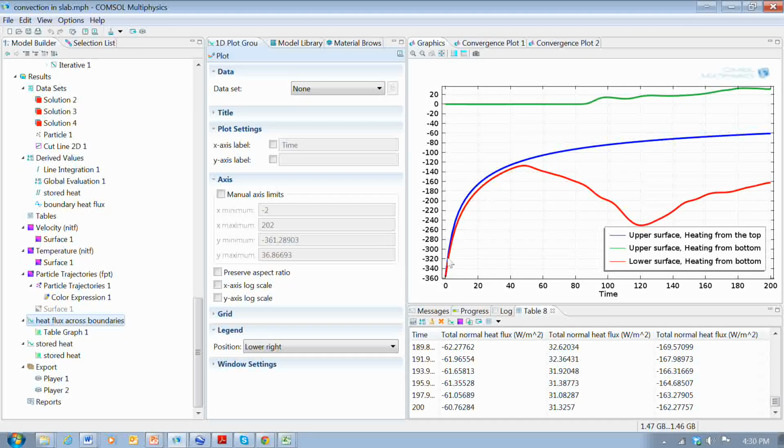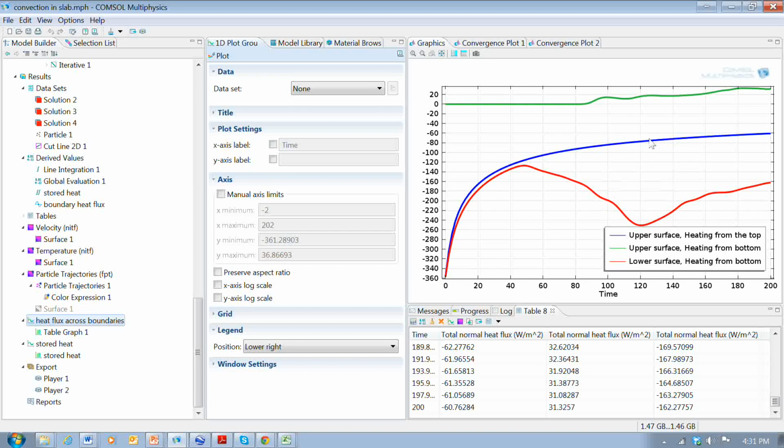But then basically what's going on here is the heat flux is high, and then it's decreasing, and then at this point the convection starts, and we start to have heat being moved from the boundary into the slab by convection, in which case the heat flux comes back up again and then reaches a maximum, and this is a maximum negative number here after 120 seconds, and then it tails off again.